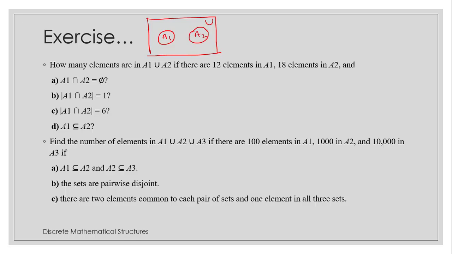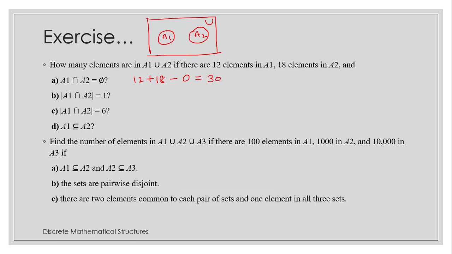Because there is no common element, these will be two separate sets. So now we can use the inclusion-exclusion principle to find the number of elements in A1 union A2. That will be the number of elements in A1 plus the number of elements in A2 minus the number of elements in their intersection, which is 0. So the answer here is 30.